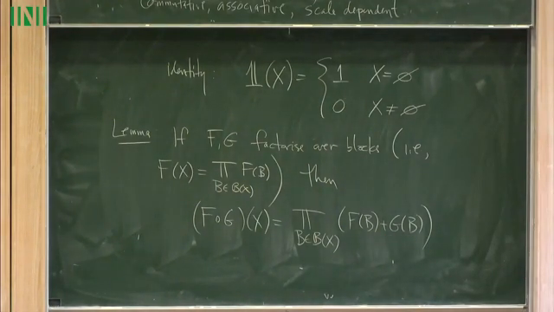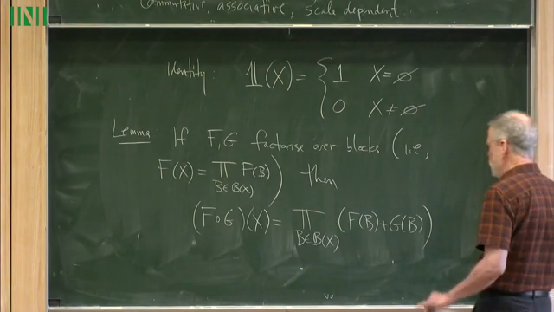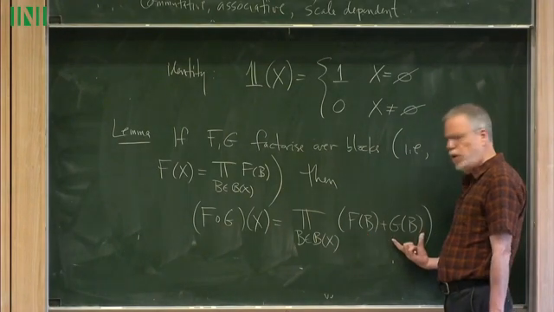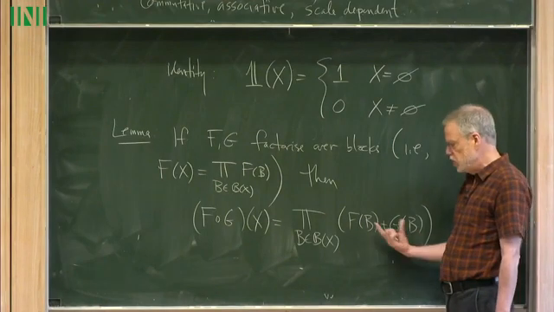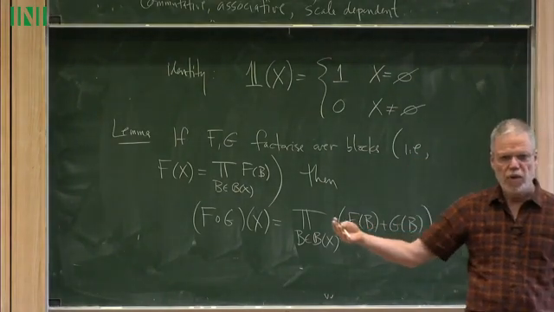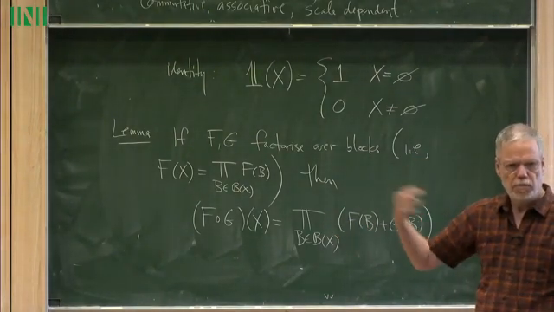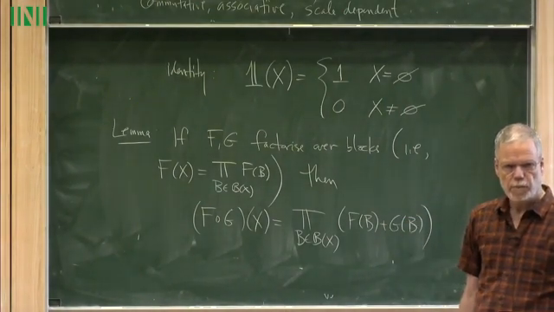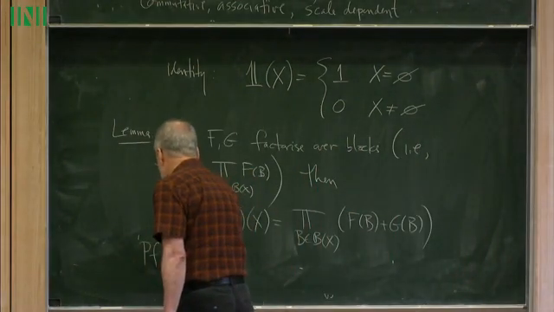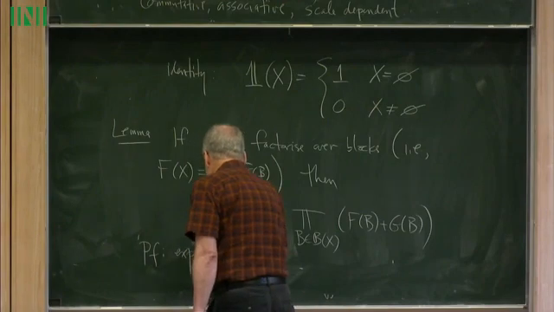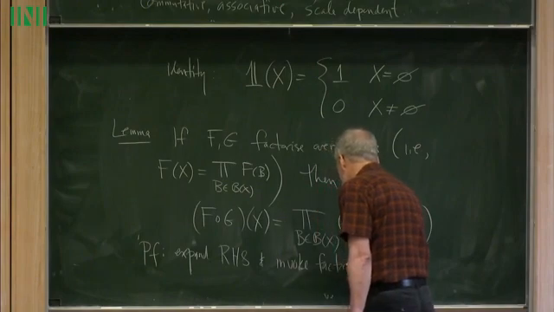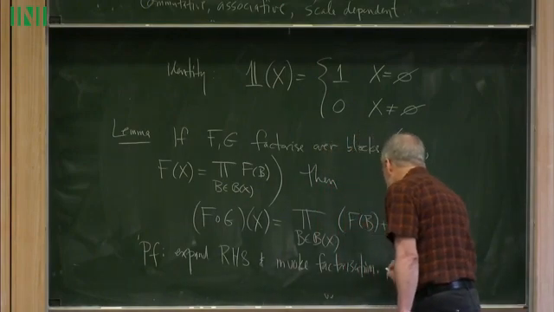You'll get a sum over terms where the terms are distinguished by when you take an f and when you take a g. So you'll be summing over all of the polymers that are inside x, where you take f on that polymer and g on its complement, and because of the factorization, it works. So the factorization hypothesis makes this work. The proof is just to expand the right-hand side and invoke this factorization hypothesis. It's very elementary.